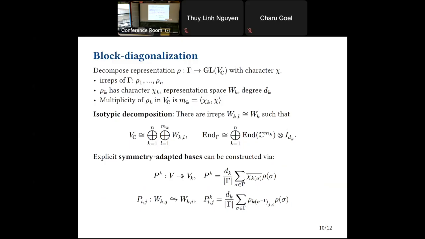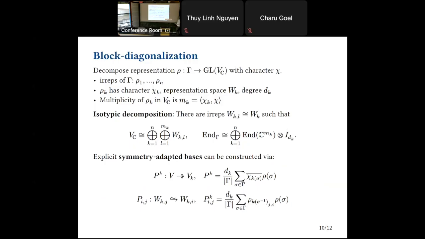So d_k, think about it as a Kronecker product. D_k copies of exactly the commutators of the simple, no, the other way around. Doesn't matter. You get the decomposition into multiplicity space times degree. Let's put it this way.